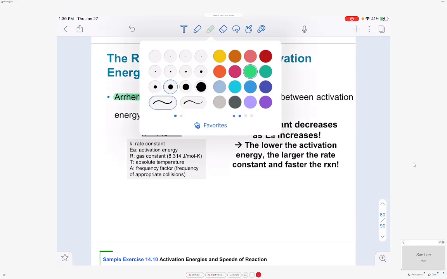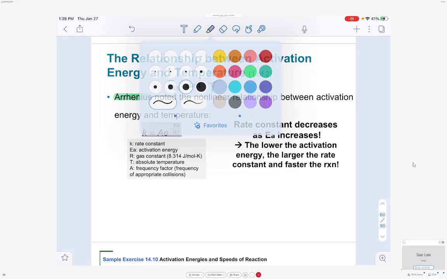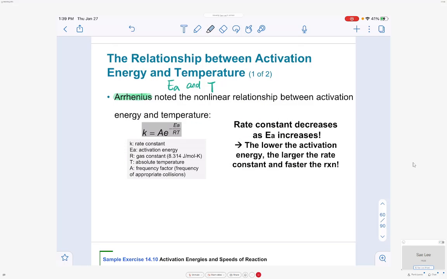He came up with this equation through various reaction rate data that he had collected. So this is from the actual data that he collected.